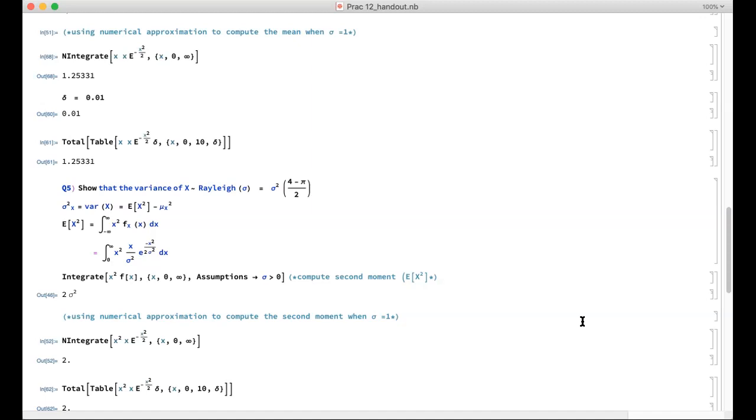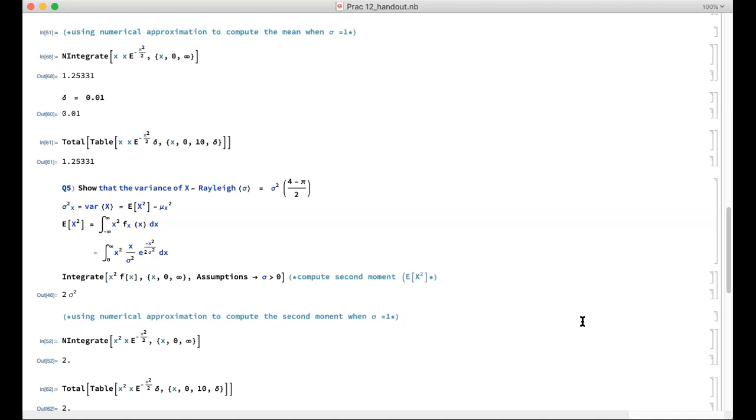Then simplifying this, I got up to this step where I needed to again use that other integral that I showed you.